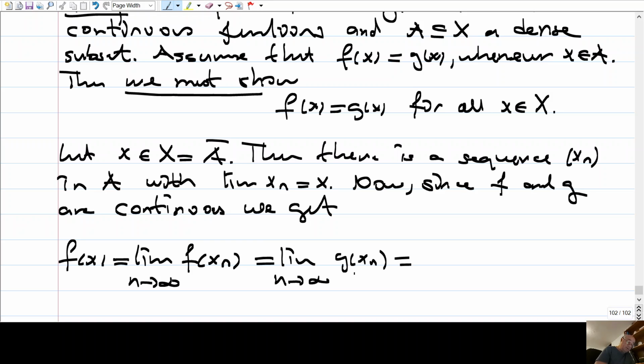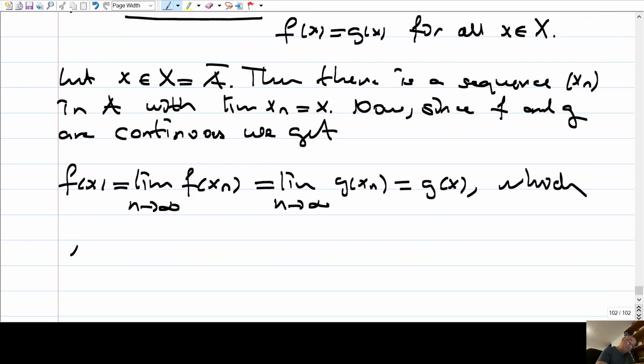However, g is also continuous and xn is converging to x. Therefore, this limit is equal to g of x. So we have obtained that f of x is equal to g of x, which finishes the proof.